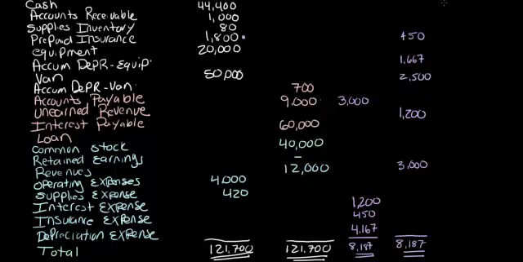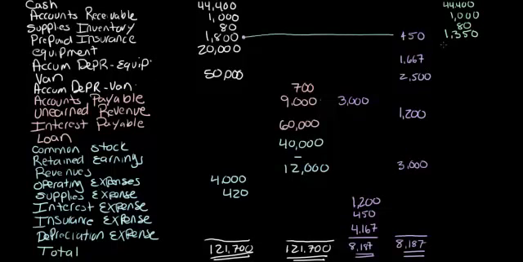So if we walk through this, our cash account, we're going to have $44,400. We're going to have $1,000 in our receivables account. We have $80 in our supplies inventory. In our prepaid insurance, which is going to be affected by the adjustment, we have $1,350. And so what we're doing is combining these two accounts.